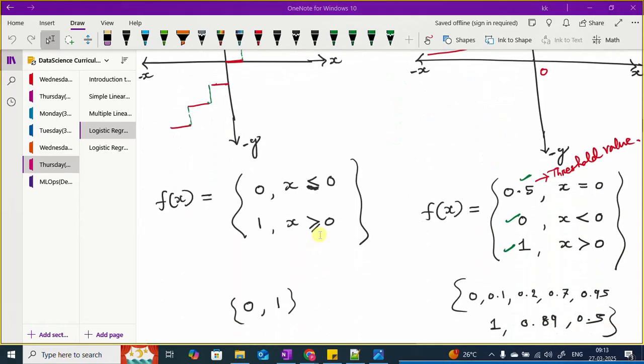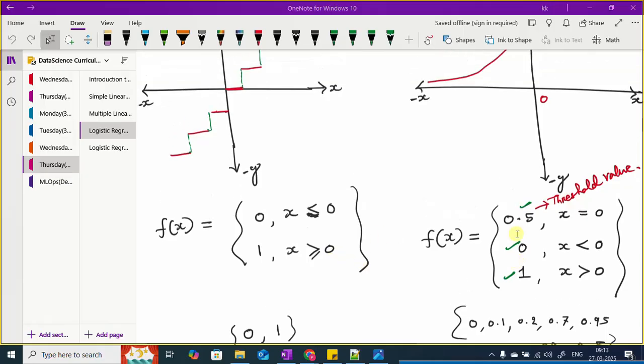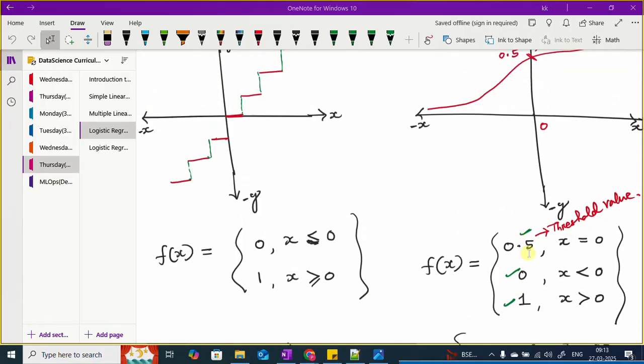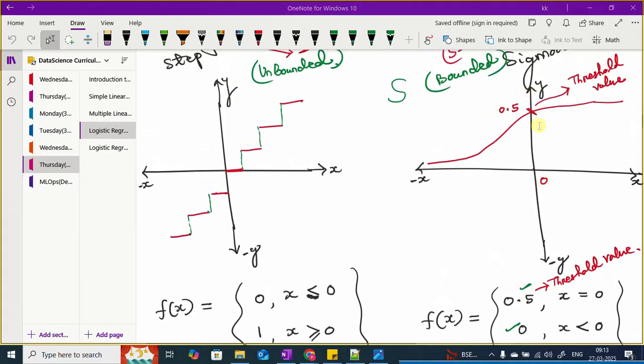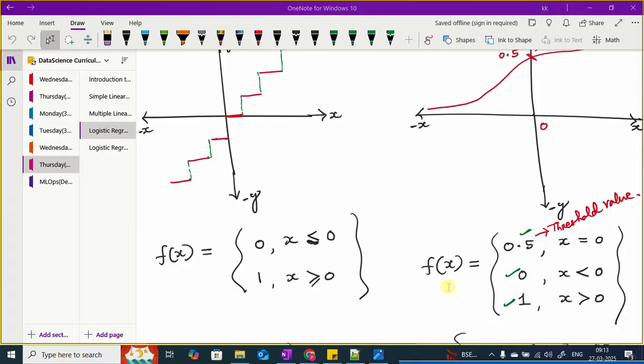Then I have written the equation of the step function. f(x) is equal to 0 when x is less than 0 and 1 when x is greater than or equal to 0. Here 0.5 is the threshold value at x equal to 0. If x is less than 0, then f(x) is equal to 0. If x is greater than 0, then f(x) is equal to 1.